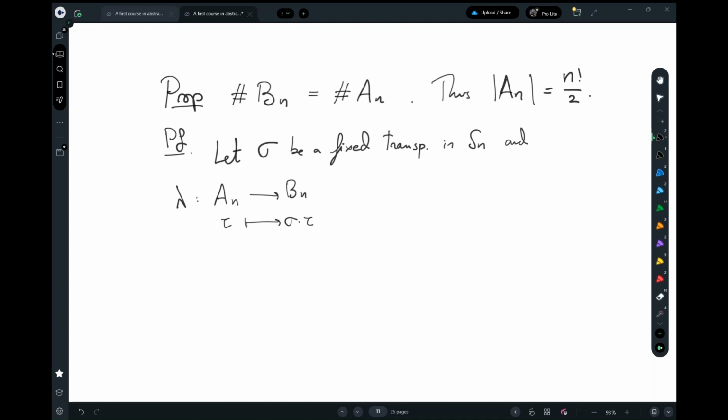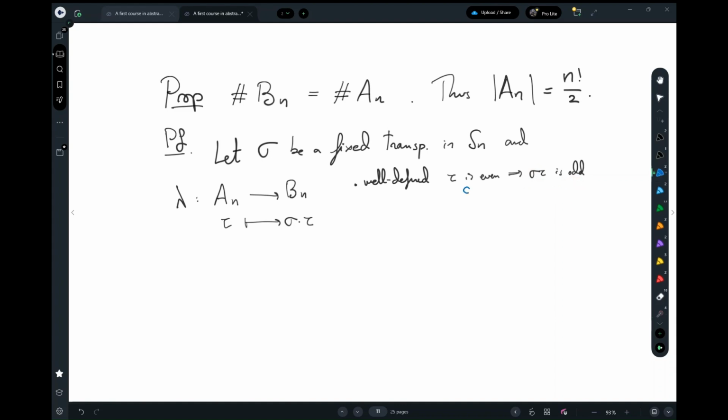Then notice that this is well defined because tau is what we call even, which implies that sigma tau is odd, meaning that there is an expression of tau with an even number of transpositions. If I multiply it by one more transposition, now all of a sudden the number of transpositions in this expression is odd, and that will be in Bn.